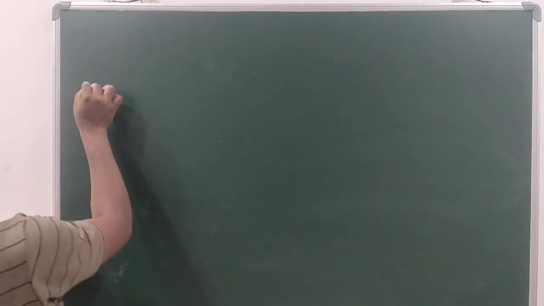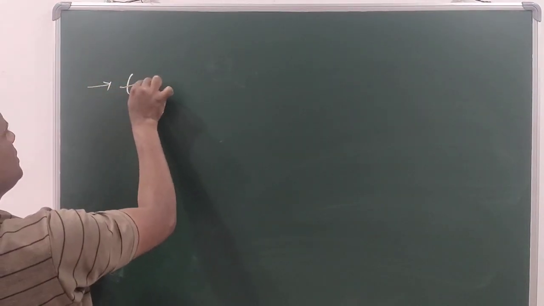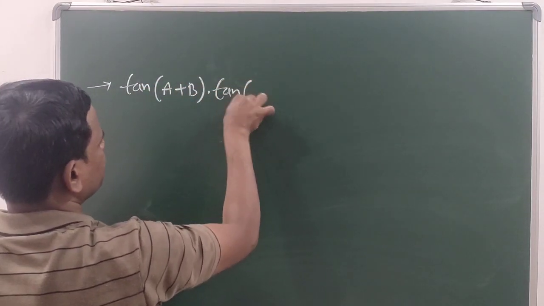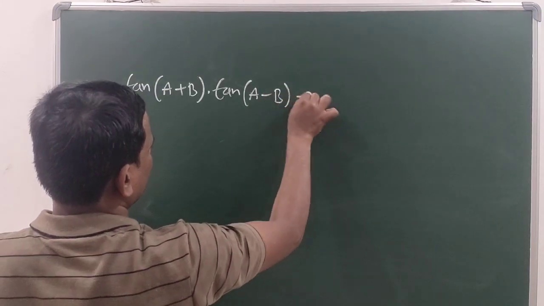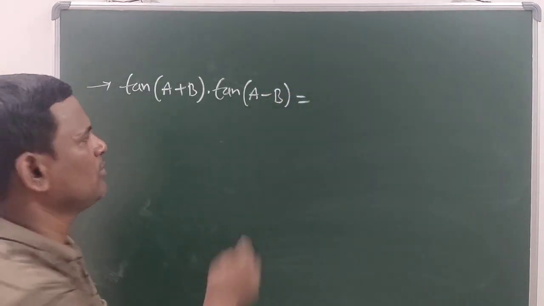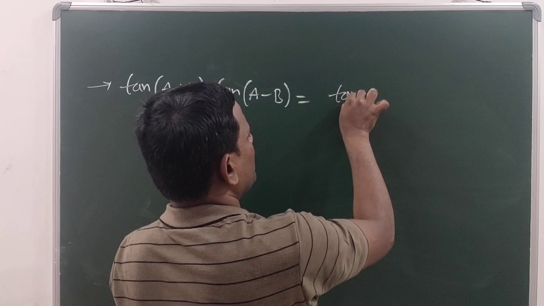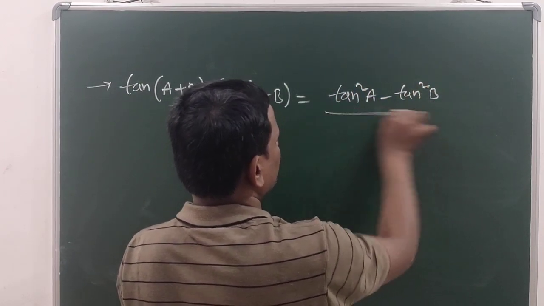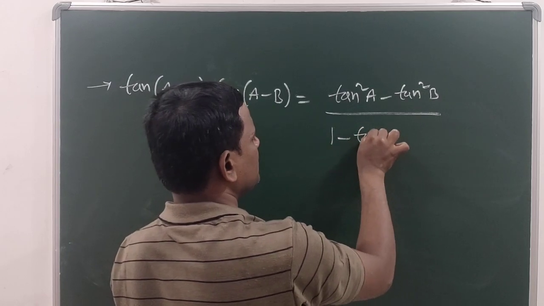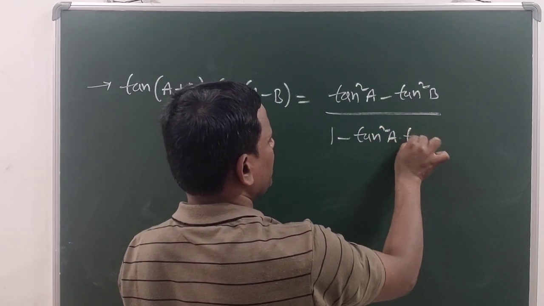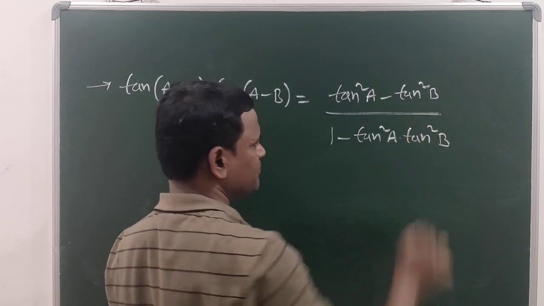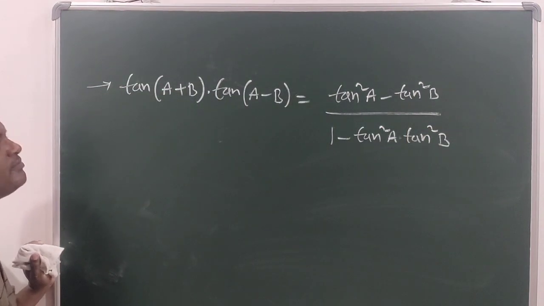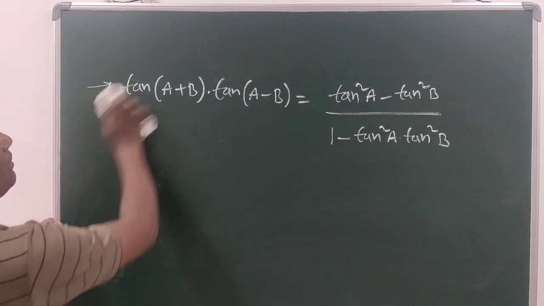Similarly, tan(A+B) into tan(A−B), which is equal to tan square A minus tan square B by 1 minus tan square A into tan square B, you will get. Okay, right.